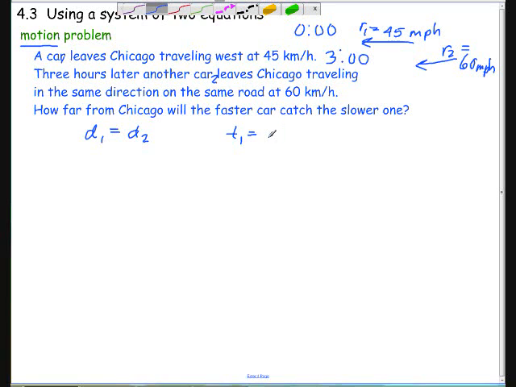I'm going to say x. And for the second one, it's going to be x minus 3. It's traveled for 3 less hours, right? What else do we know? We know that distance equals rate times time.